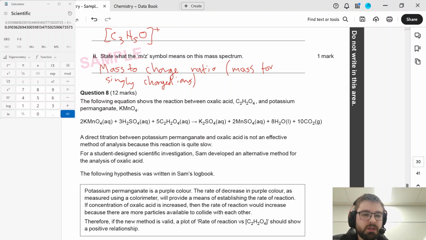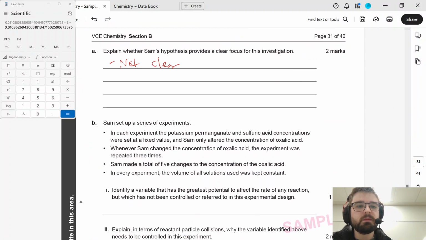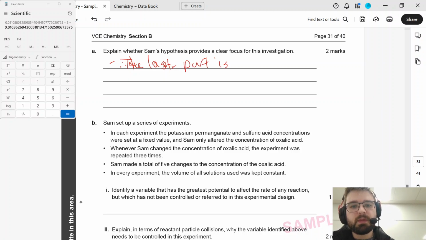I guess the last bit of the thing is clear. I don't know whether they're saying you can write this in a hypothesis. I wouldn't. I'd say the last part is clear.